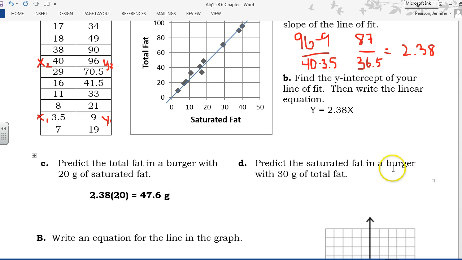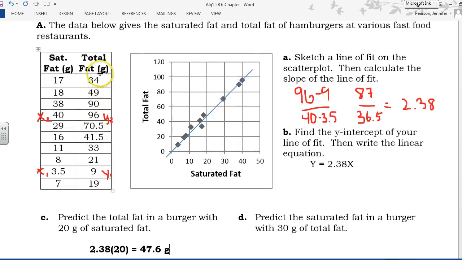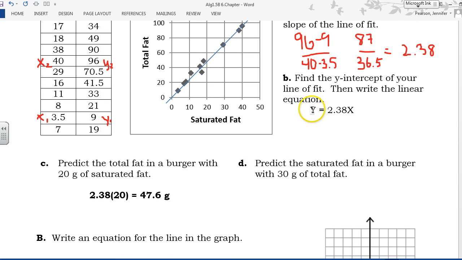Predict the saturated fat in a burger with 30 grams of total fat. Total fat belongs in my y variable, so I'm going to put the 30 in for the y. So to solve this, I need to divide both sides of the equation by 2.38.